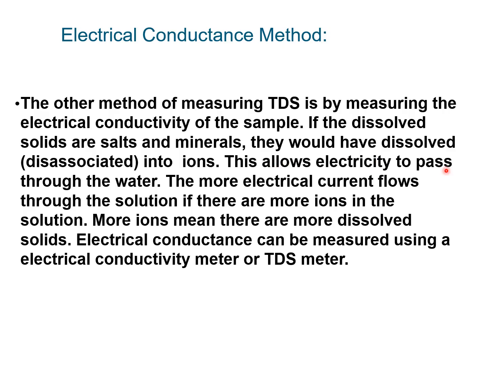This allows electricity to pass through the water. The more electrical current flows through the solution, the more ions are in the solution. More ions mean there are more dissolved solids. So electrical conductance can be measured using an electrical conductivity meter or TDS meter.